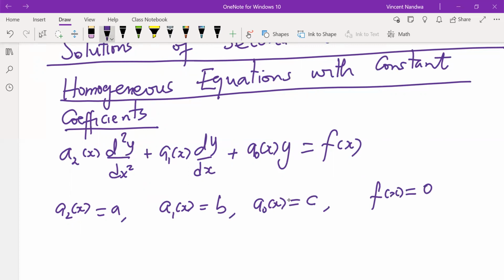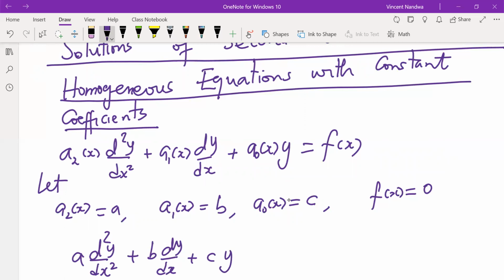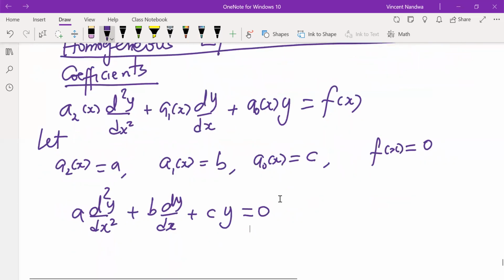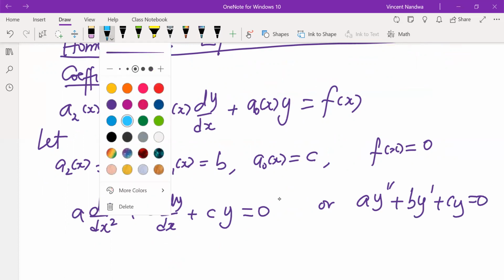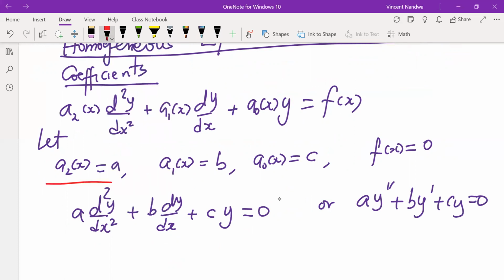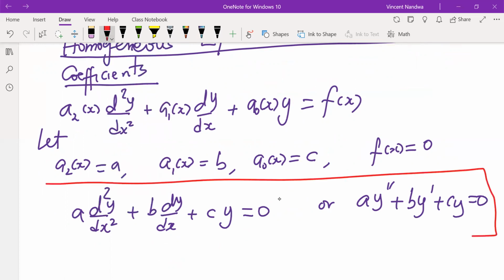So that we have a d squared y dx squared plus b dy dx plus c y equals 0, which is the same thing as writing a y double prime plus b y prime plus c y equals 0. So this is the kind of equation that you are going to be solving in this chapter.